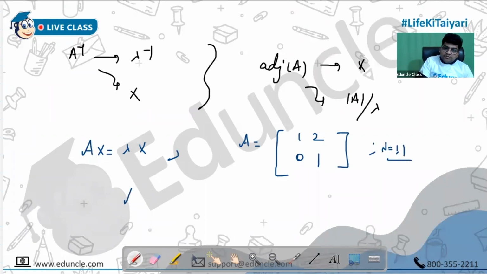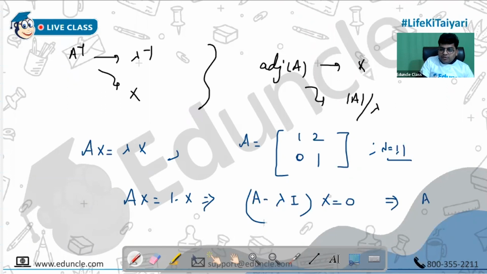So what is the eigenvector? The solution of Ax equal to lambda x implies (A minus lambda I) x equal to 0. It means (A minus I) x equal to 0, so A minus I is B, and Bx equal to 0.